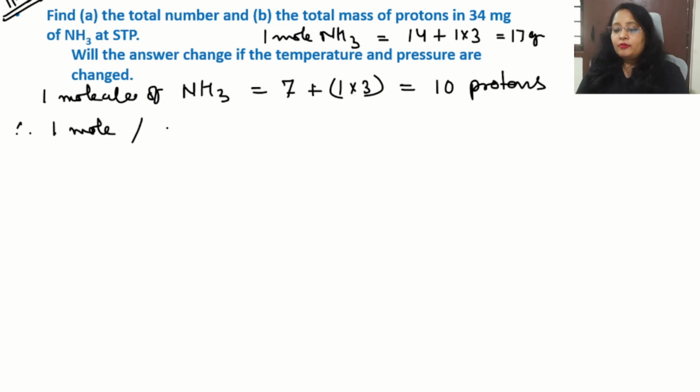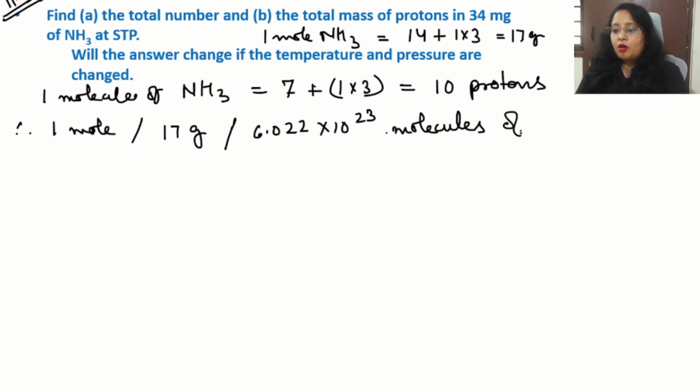We can say 1 mole or 17 gram or 6.022 into 10 to the power 23 molecules of NH3.